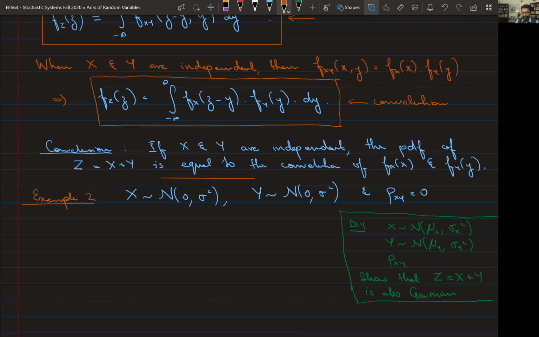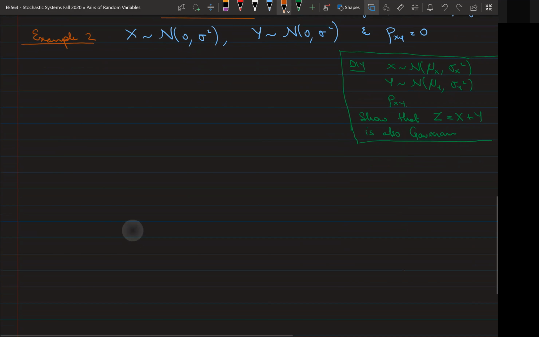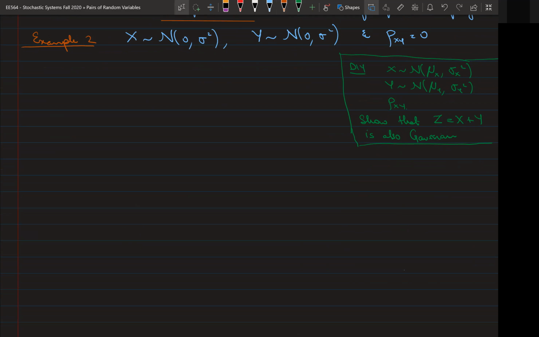I mean, that's what I was actually asking. Sir, if their widths are the same, we will probably get a trapezium, I guess. So you get a triangle. If their widths are the same, you get a triangle. Yeah, meaning if the widths are not the same, then something else. Yeah. So that's convolution, basic convolution.